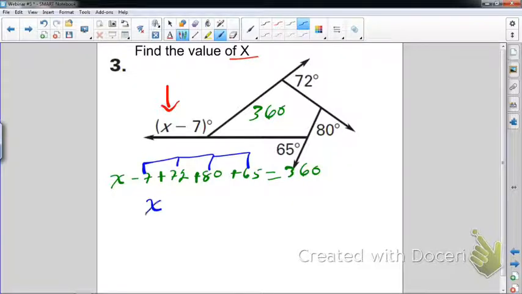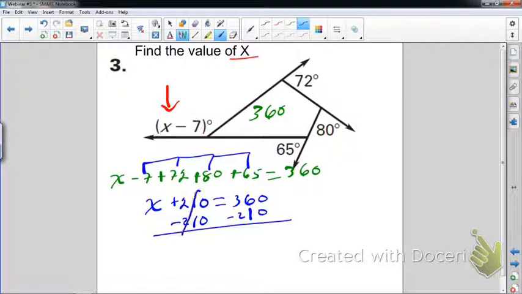So we end up with x plus 210 is equal to 360, and then we use the subtraction property of equality to be able to solve for x. So we're left with x equal to 150. Don't forget it's degrees, so you have to put that little circle on the top.